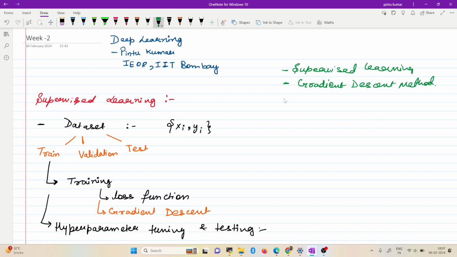And the last one, we will then go for multi-layer perceptron. We'll also try looking at the sigmoid activation function and what is a sigmoid neuron.